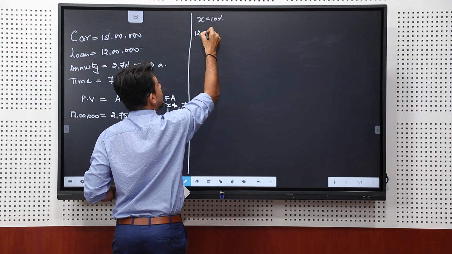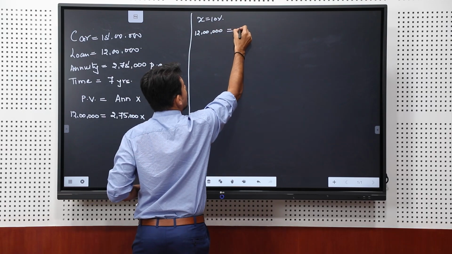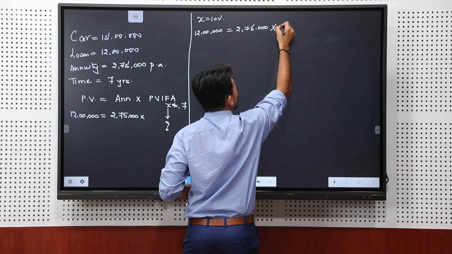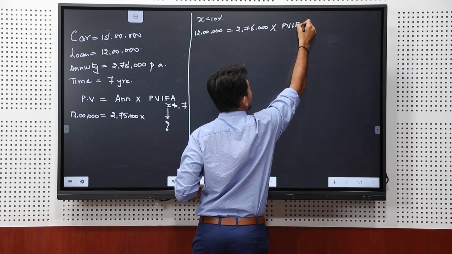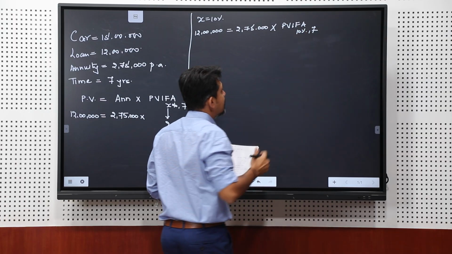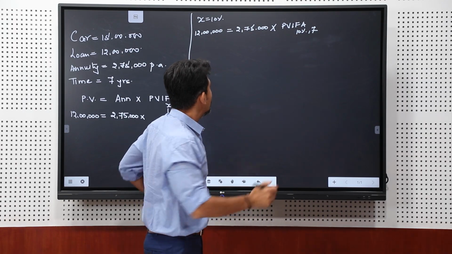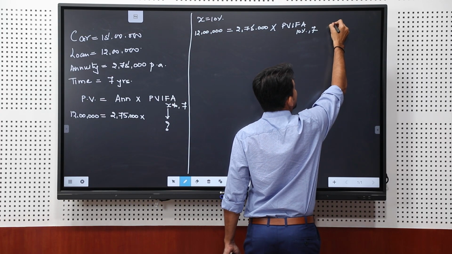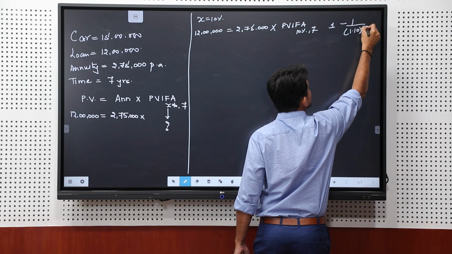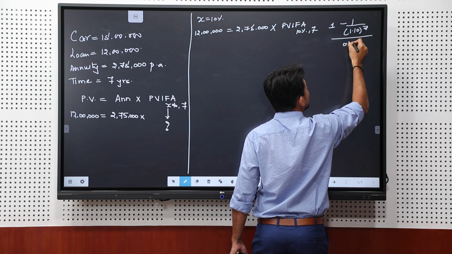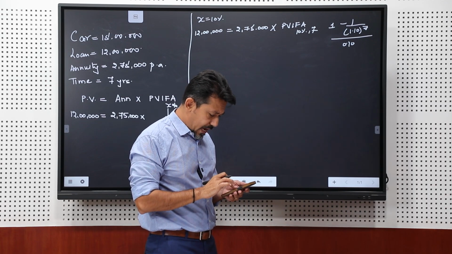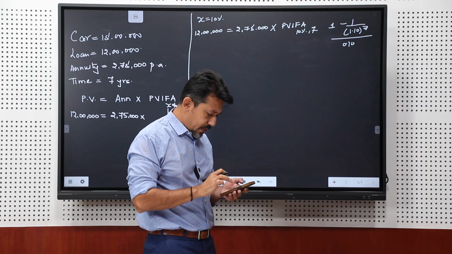I want to check 12 lakhs is equal to 2,75,000 into PVIFA at 10% for 7 years. So let me try this out. You know that the formula is 1 minus 1 upon 1.10 raised to 7 divided by 0.10, right? So if I work on the annuity factor, what is the annuity factor that I get for a 7-year period?